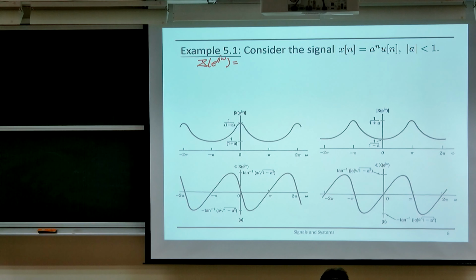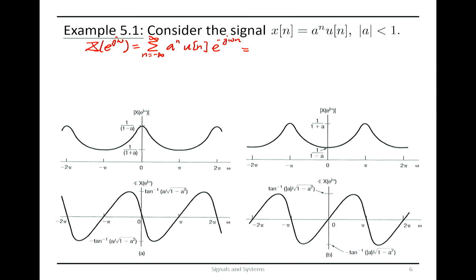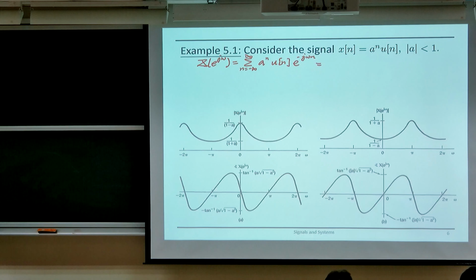Okay. So by applying the formula before, we have the summation from minus infinity to infinity of a to the power n, u[n], e to the minus j omega n. Now u[n] is 1 for n greater than or equal to 0. So this limits the summation to n from 0 to infinity, a to the n, e to the minus j omega n.